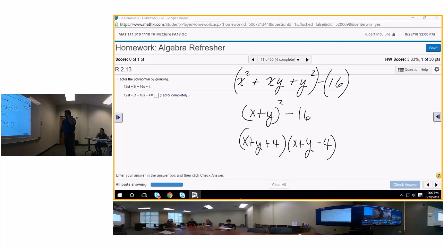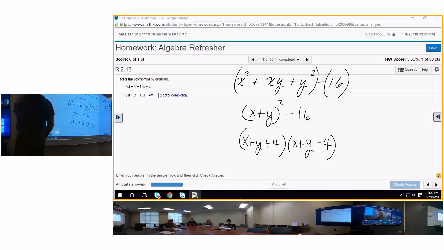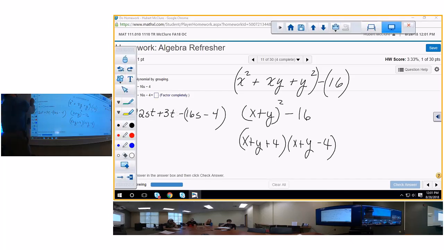All right, so that's 3 by 1. Now 2 by 2: 12ST plus 3T minus 16S minus 4. Group the first two and the last two.